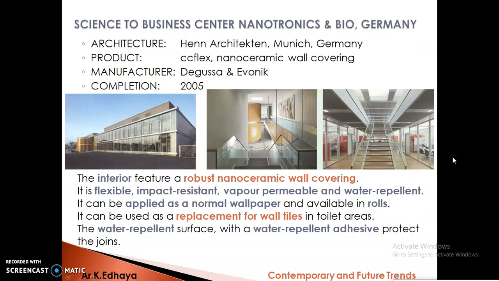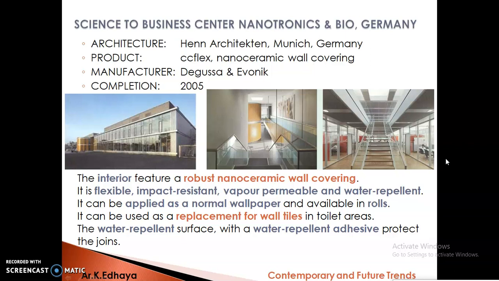For this, the case study examples are: first, the Science to Business Center, Nanotronics and Bio in Germany. Its architecture is by Hen Architecture in Germany. Here in the interior they have used a lot of robust nano ceramic wall coverings.